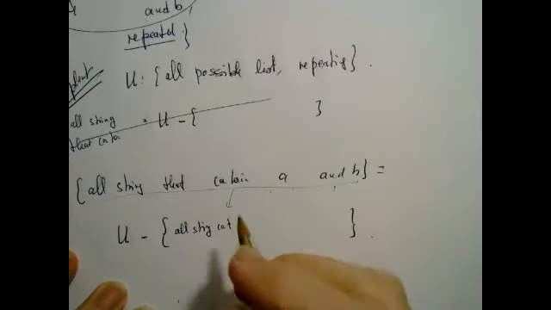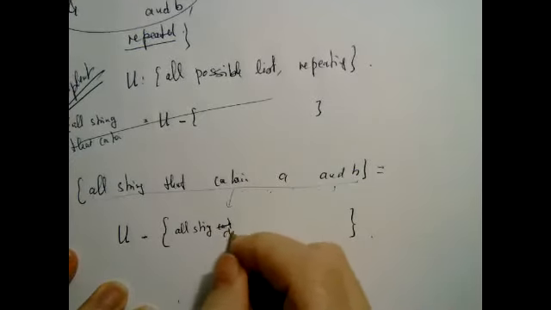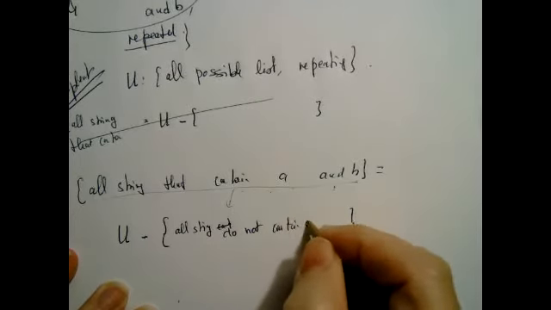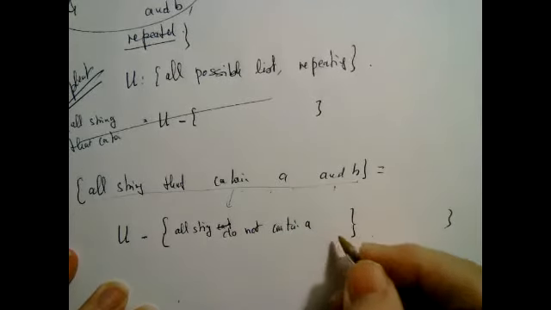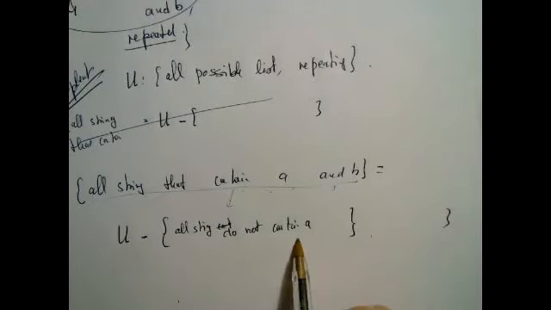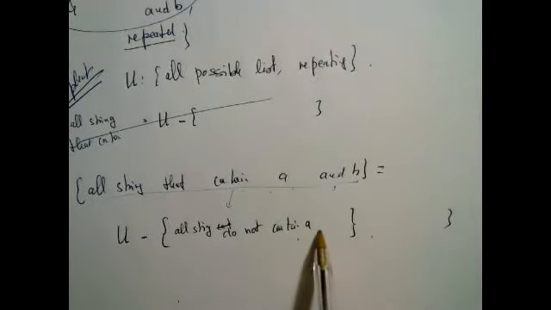Not include, yeah: all strings that do not contain A, and do not include B, and do not include A and B. I'm trying to rip it apart.